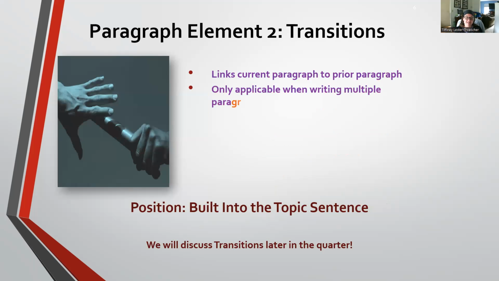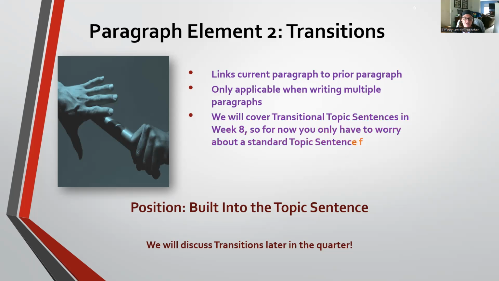So again, the second element of a paragraph is a transition, because if you're writing multiple paragraphs, you want the whole thing to flow, and ideas get tied together. You want it to be smooth. So you'll have that topic sentence for your first paragraph.